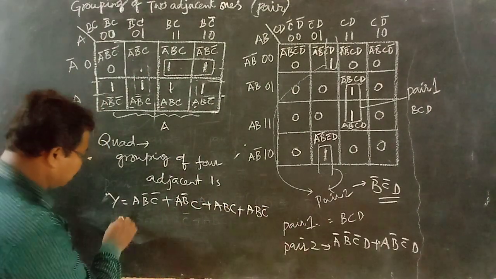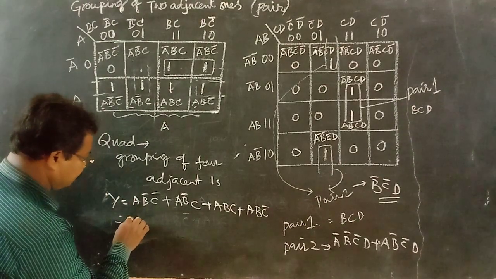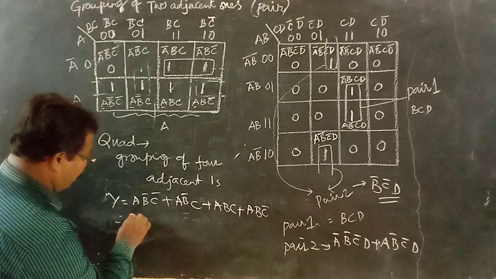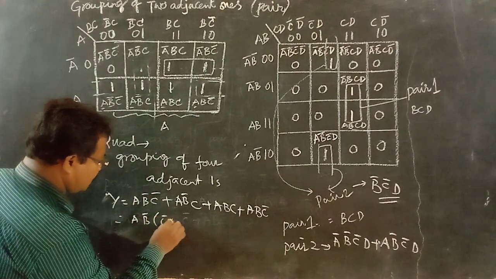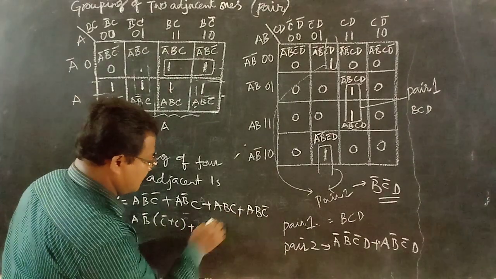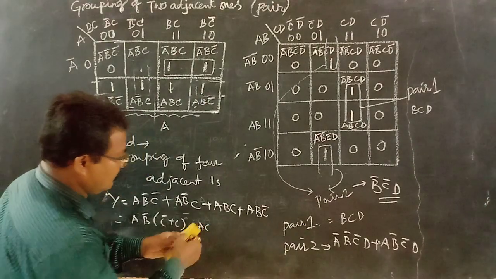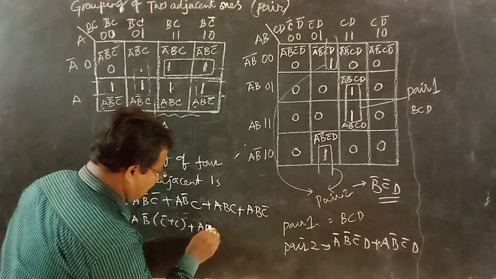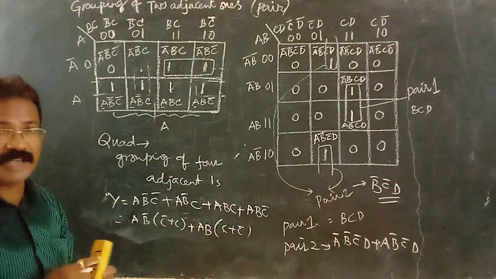So let us take A common: A times B bar C bar plus C, plus B C plus C bar. C plus C bar is 1, as per the Boolean laws.